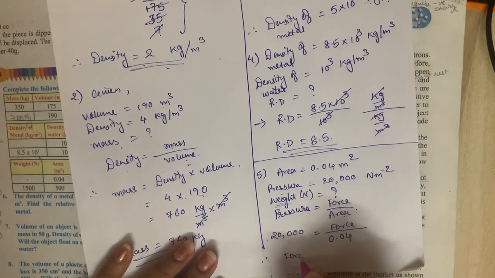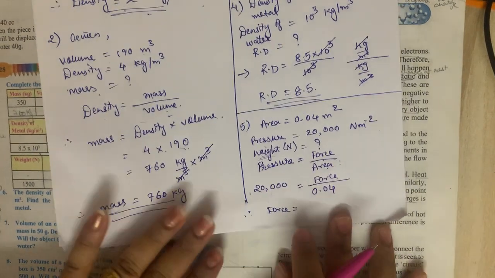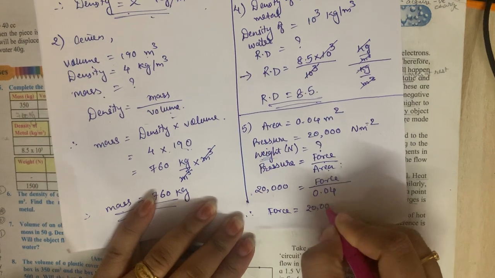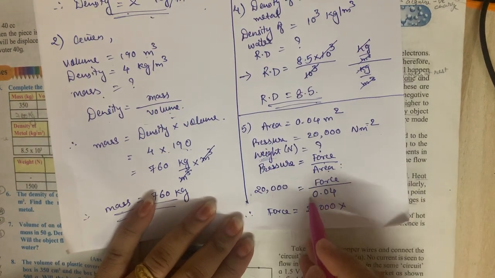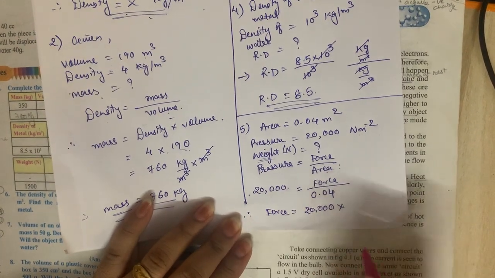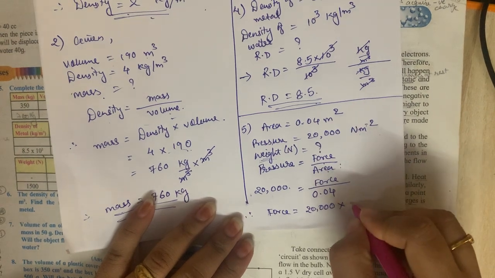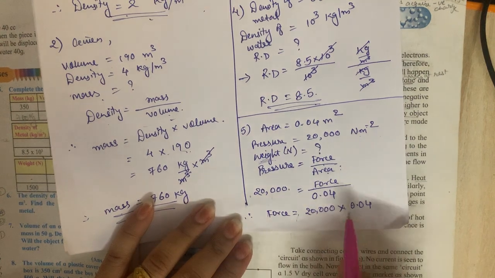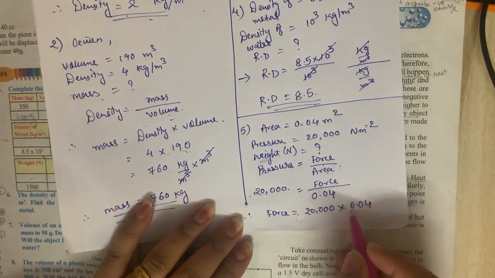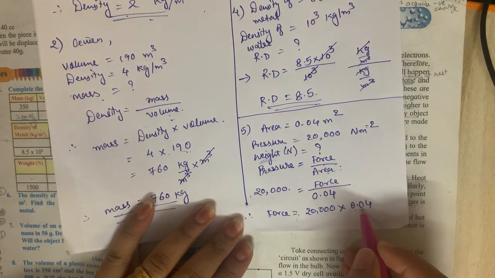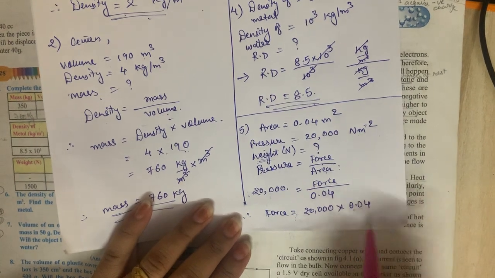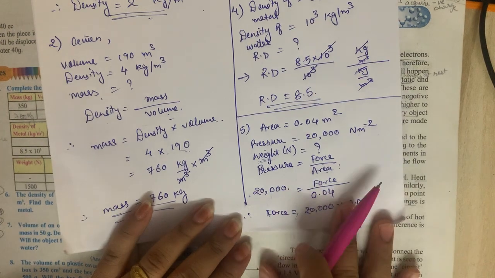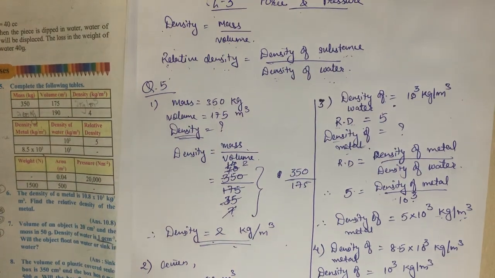So how you will find? You can make force as the subject, then 20,000 into this 0.04. You can take it to the other side, so where it will come in the numerator and goes in a product. So 0.04. Now can you solve this, students? It's very easy. If you are confusing, you can remove this decimal point by putting 4 by 100. See, after decimal point 2 numbers, that means it comes 100. You can see, I will show you.